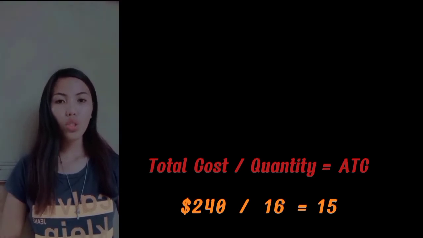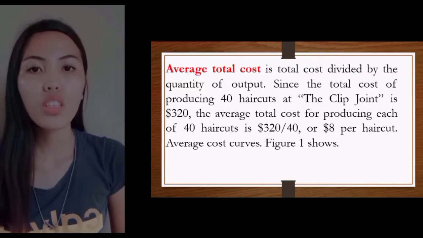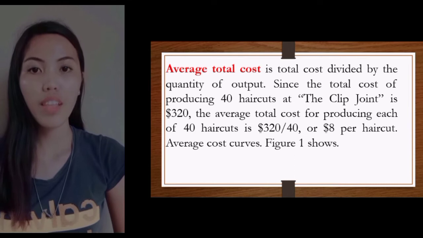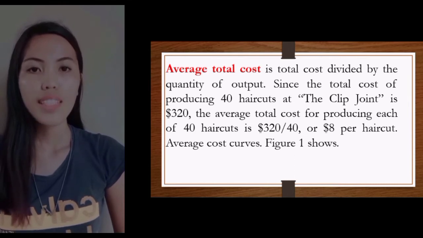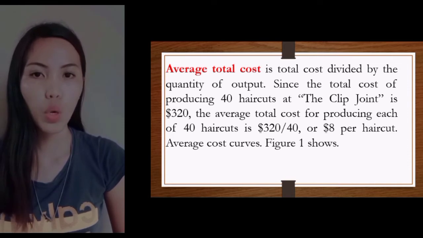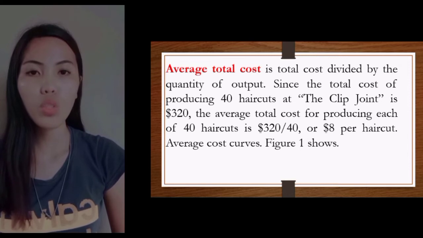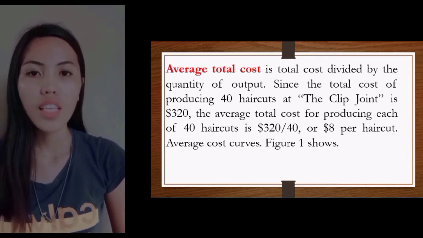The average total cost of labor 1 is 15. Average total cost is the total cost divided by the quantity of output. Since the total cost of producing 40 haircuts at the clip joint is 320, the average total cost of producing each of 40 haircuts is $320 over 40, or 8 per haircut.